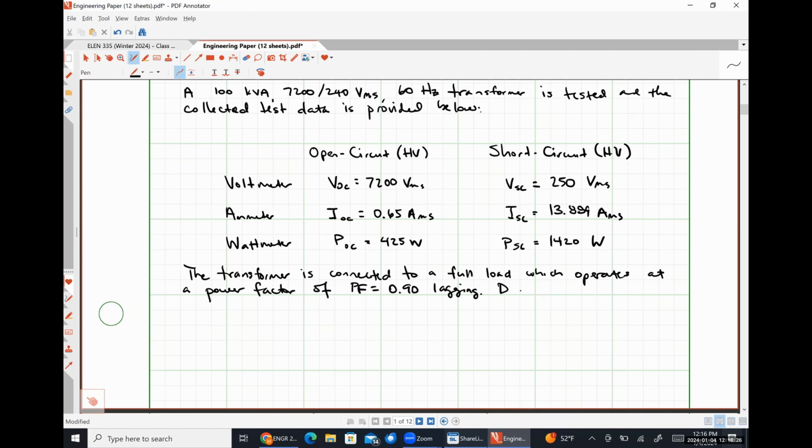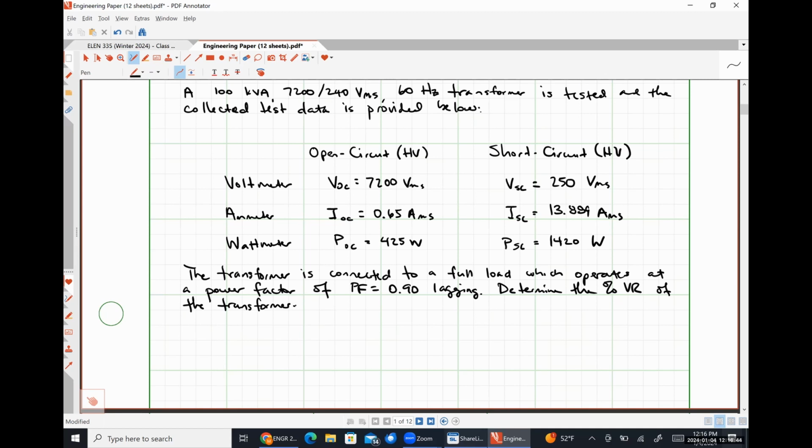And I want us to determine the percent voltage regulation of the transformer.